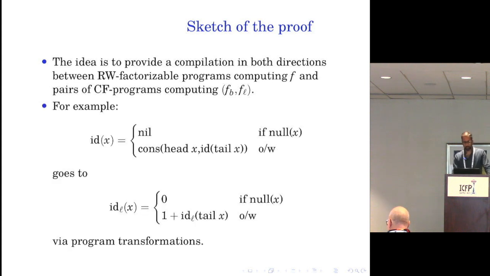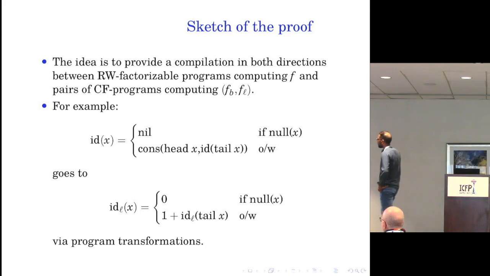And here's just one tiny part of one of those program transformations. If I'm computing the identity function, reproduced over here, so the identity function is I recursively compute the identity of the tail, and then I smush the head in front of it. Then I can compute the length of the identity function in the following way.